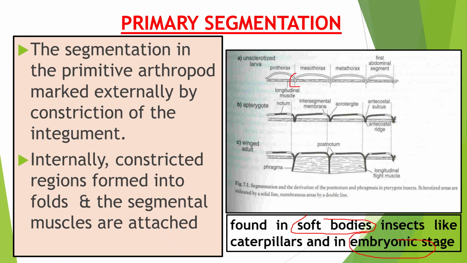You can see these constrictions of the integument. Internally, these constricted regions form folds, and the segmental muscles are also attached here. You can see the constriction here, and it is attached to the segmental muscles.